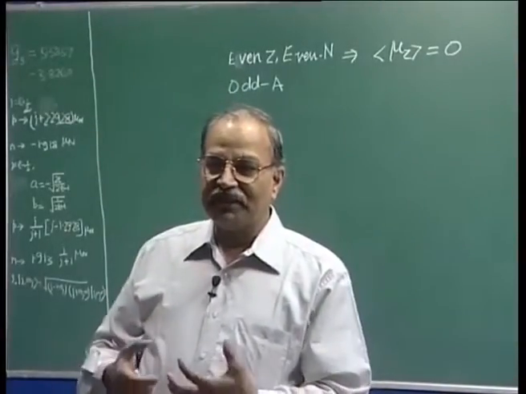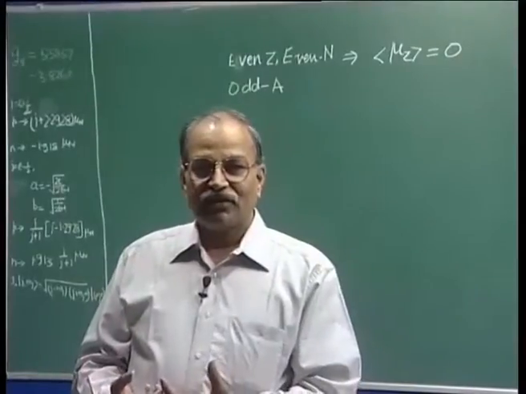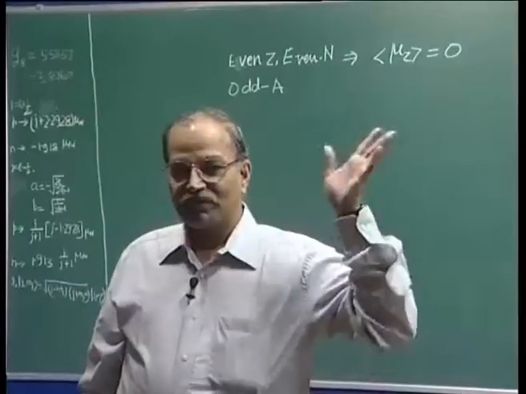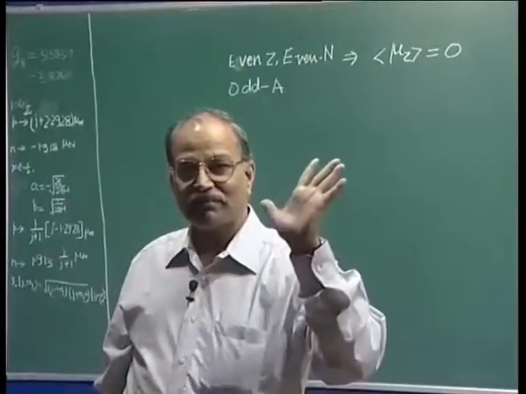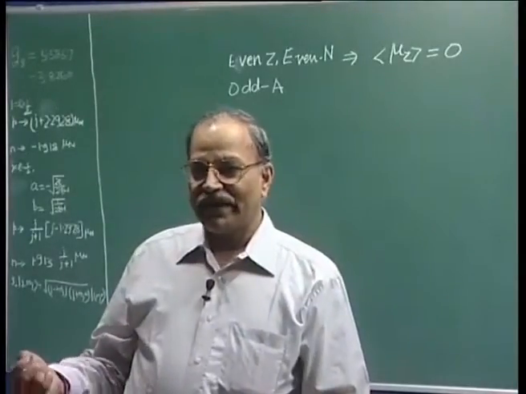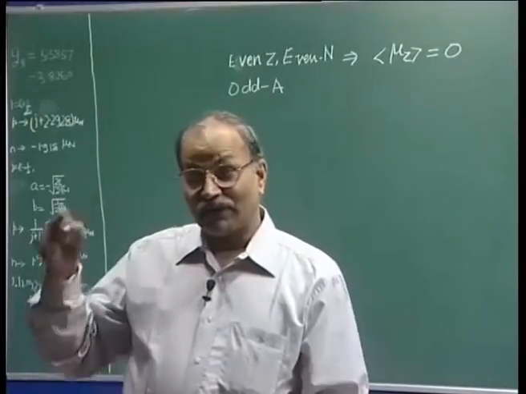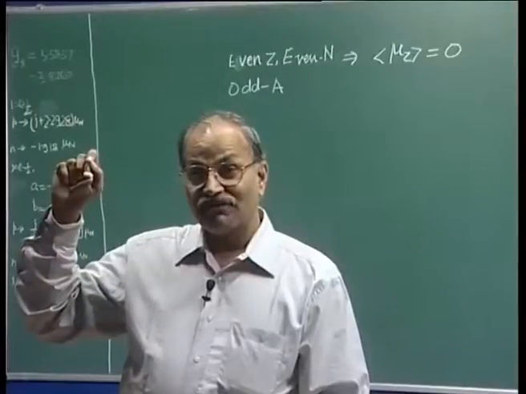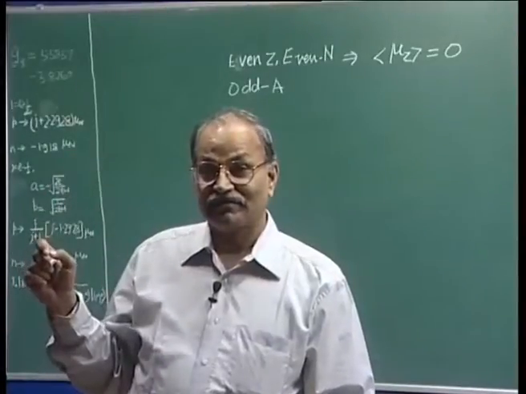So, if you have an even number of protons, all these protons are paired up, there is no unpaired proton. And if it is an odd N, there is one neutron which is unpaired.